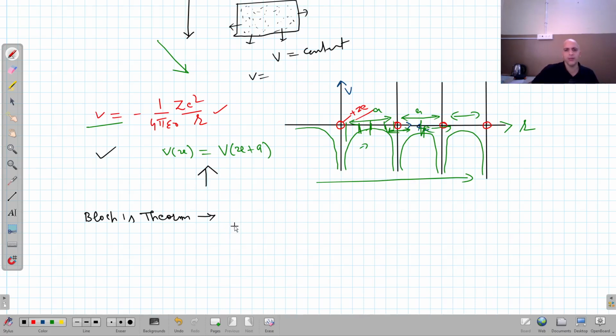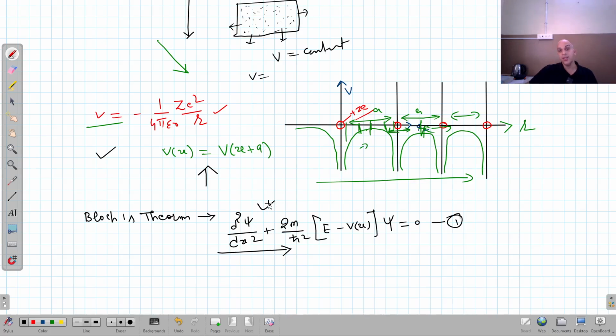If I write down the Schrodinger wave equation in one dimension: d squared psi upon dx squared plus 2m upon h cut squared into (E minus V(x)) psi is equal to 0. This is the Schrodinger wave equation, equation number 1, in one dimension, time independent.